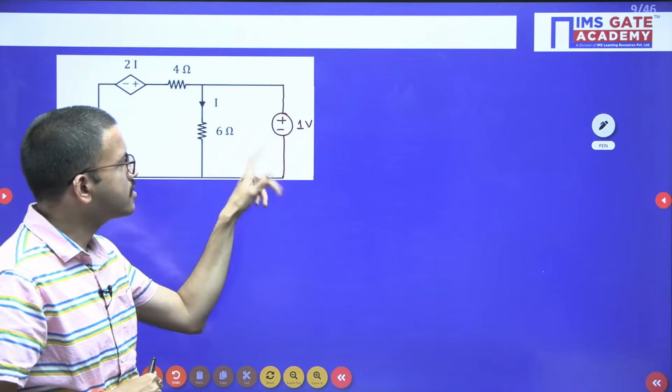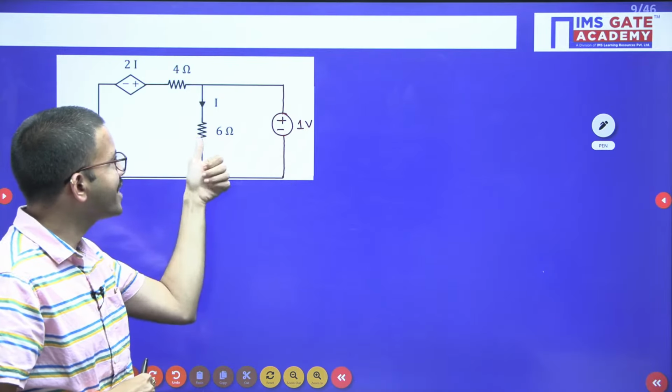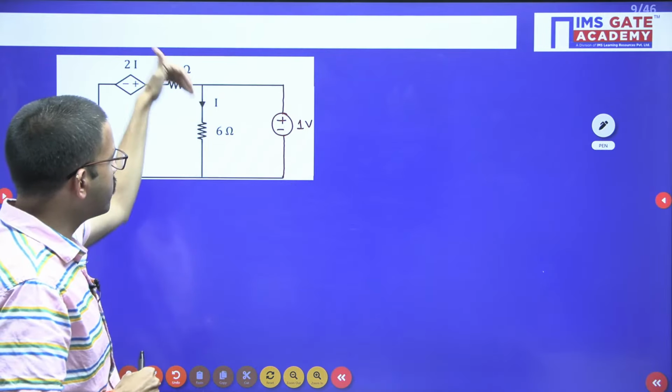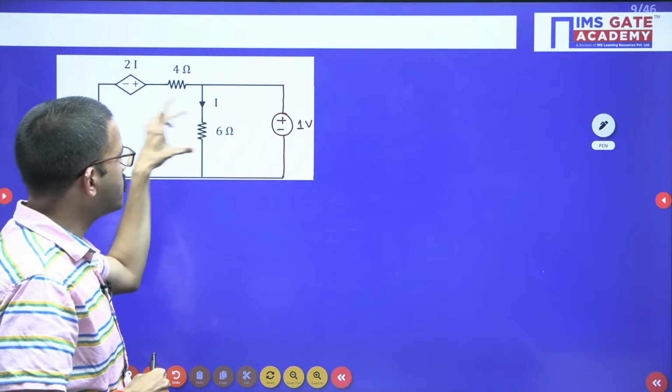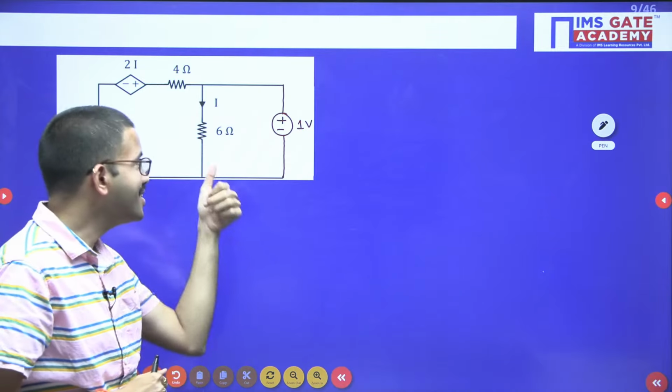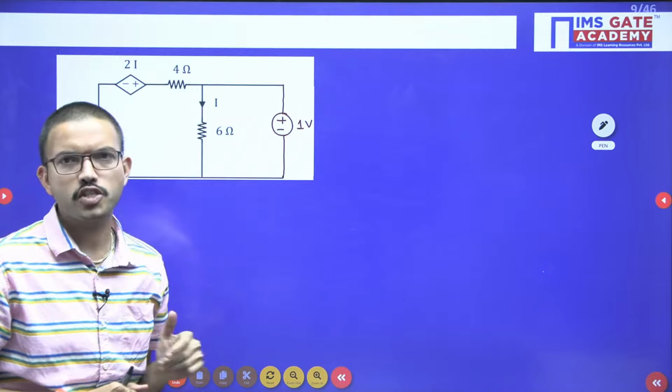In the previous case, with the 1 ampere current source, we could not find the current in this branch or the voltage across it. But in this case, yes, both are possible.